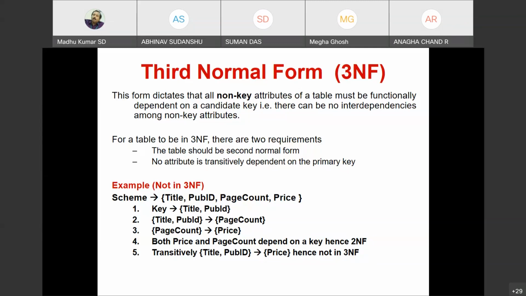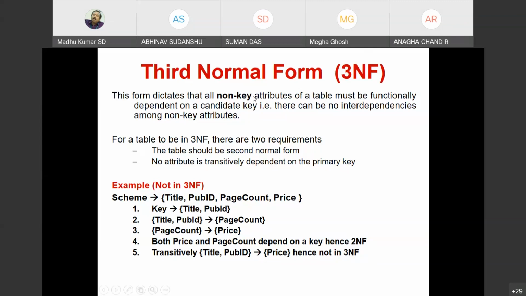So that is very important. If a particular attribute is part of a key, it is exempted from the condition of being non-transitively and fully functionally dependent on the primary key. All right. So we have seen examples for that.